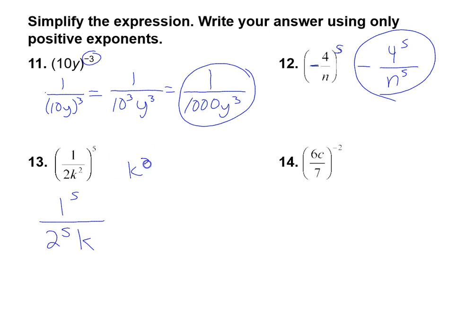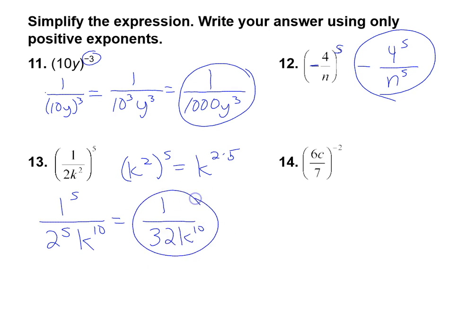K squared to the 5th power, remember that's the rule where we multiply. So 2 times 5, that's going to give me k to the 10th power. 1 to the 5th is 1. 2 to the 5th is 32, so we have 1 over 32k to the 10th.